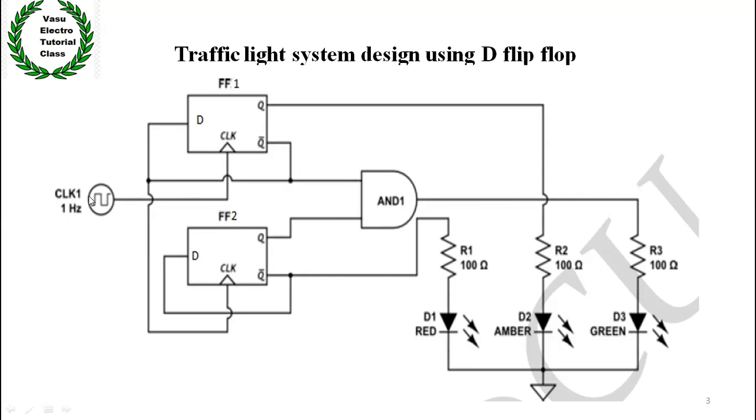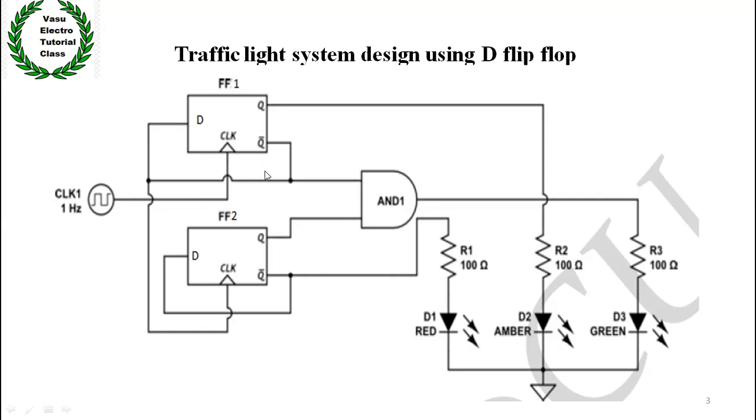We give the clock input with the help of a function generator. This is flip-flop 1, located at pin number 3 in the IC, so we connect the function generator to pin number 3, and we give a square wave from the function generator to pin number 3.